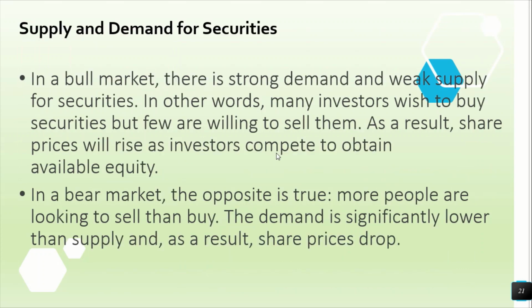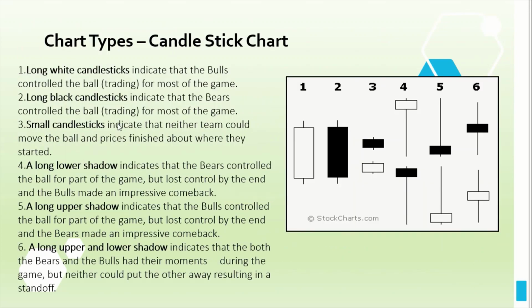Okay? And what else? Pinag-usapan natin ano ang significance, or what does it mean, anong ibig sabihin ng variations ng body? Yung variation when it comes to the longer shadow, or what if the shadow, the wick of the candle, is short?